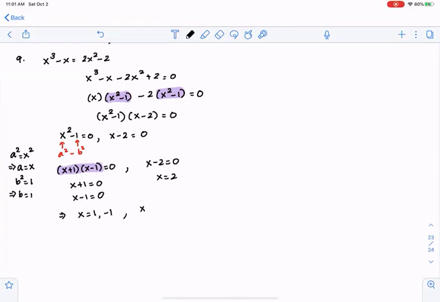The other solution is x is equal to 2. So the 3 solutions are 1, -1, and 2. As I mentioned earlier, if you have 3 factors, you will have 3 solutions. If you have 2 factors, you will have 2 solutions. They could be repeating solutions. We've seen that in one of the problems. If you have 4 factors, you will have 4 solutions, and so on.